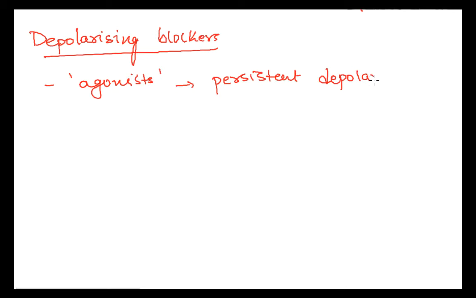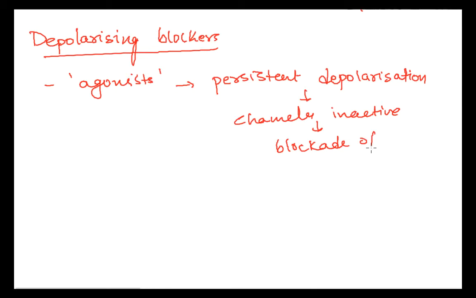Because it's causing depolarization continuously, the channels become inactive, and there is a blockade of contraction, right? The channel has to come into its native state to get the effect again, but because it's keeping it in a depolarized state, your channels become inactive. Succinylcholine is the main drug.